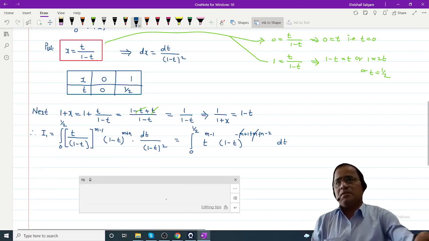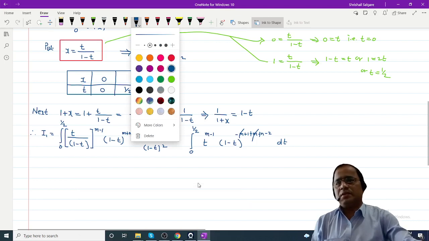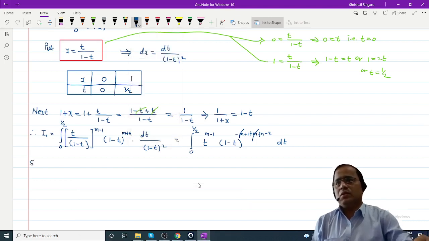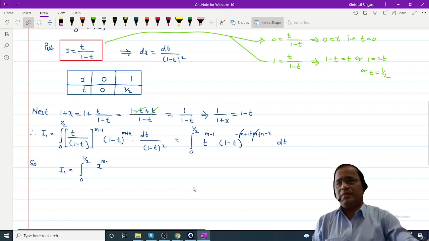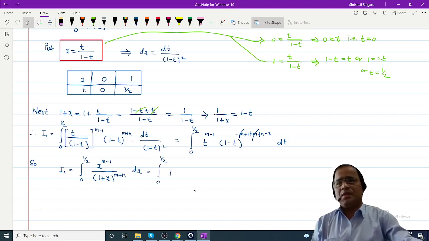So I1 is equal to integral 0 to 1 x raised to m minus 1 divided by 1 plus x raised to m plus n dx, that you are reducing to the integral 0 to 1 half t raised to m minus 1, 1 minus t raised to n minus 1 dt.